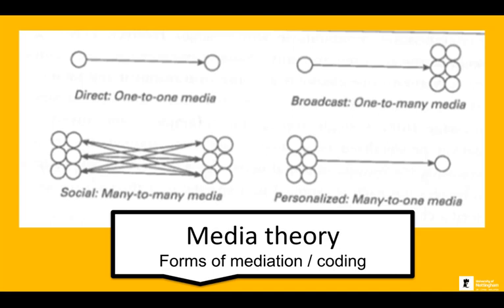It's exactly the same. But you as the sender can choose whether it's one person, two people, three people, or everybody in your entire class. So it's a broadcast media, a one-to-many.